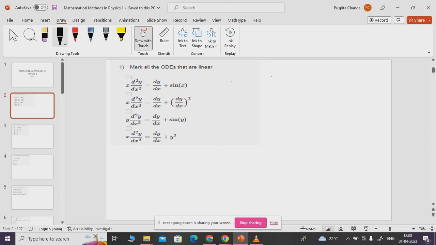So for linearity we need to know that the unknown function here, which is y, should be linear. No nonlinear term of y should be present. Like dy/dx, a derivative of y, should be linear, and d2y/dx2 also should be linear.